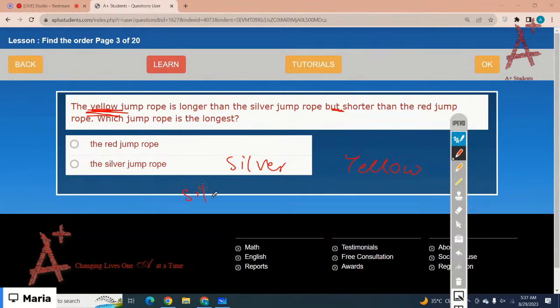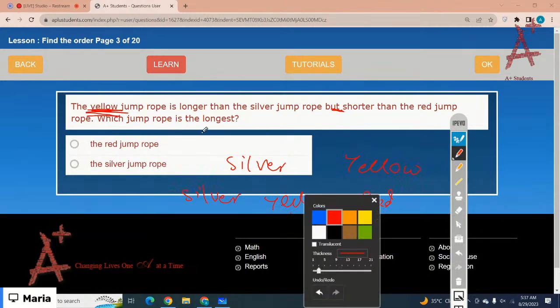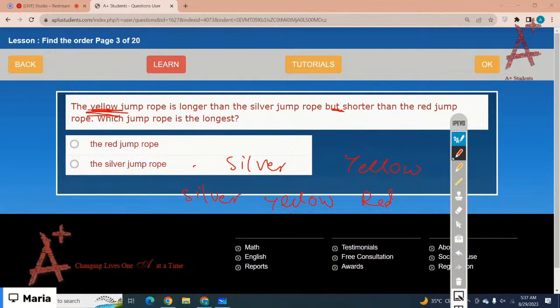That means silver, yellow, and red is the order, but yellow is shorter than the red jump rope. That means yellow is shorter than the red. Which jump rope is the longest? So, which is the longest?